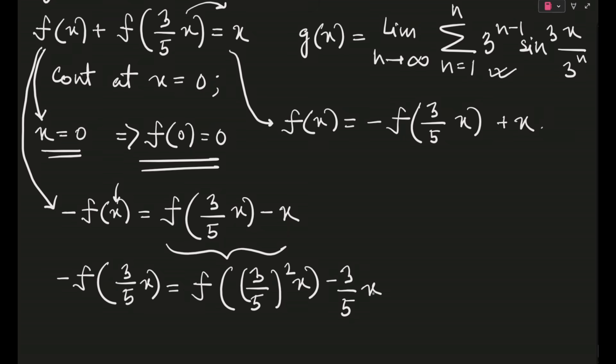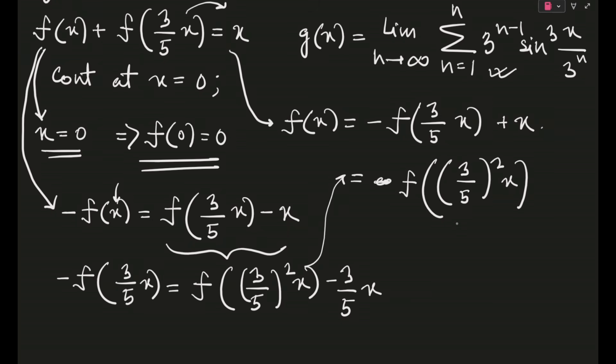So if we backtrack this into the earlier equation, then we will get, not minus f, this will be plus f of (3 by 5) whole square into x minus 3 by 5x plus x.